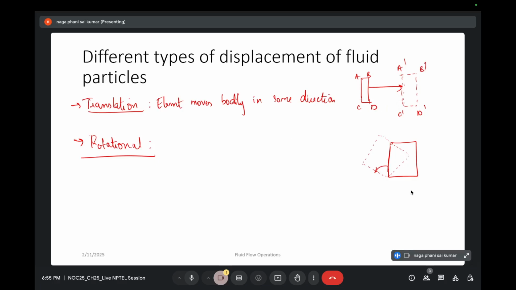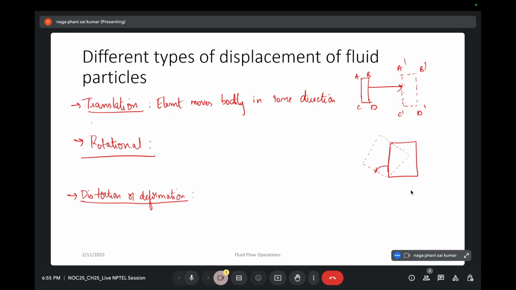And then we have distortion or deformation. In the first two motions there will be no stress.